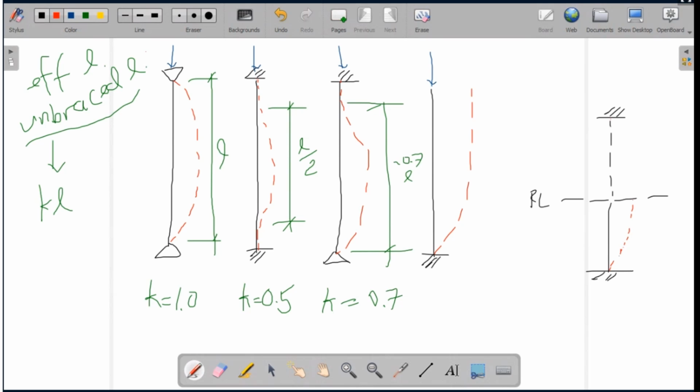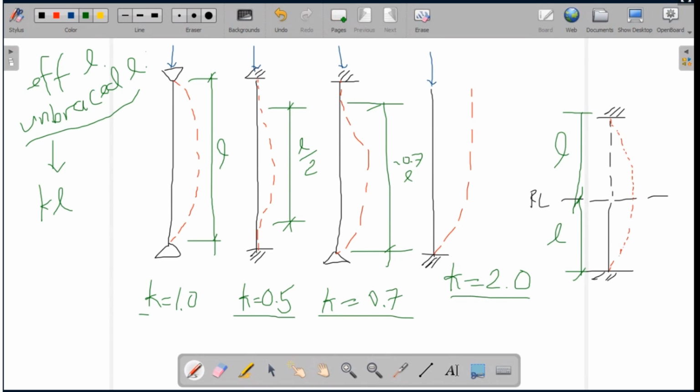If we trace its reflection, it will be like this one. And this one, as we know, is the length of the column. So this one is also the length of the column. So the actual effective length of a fixed-free column is twice the length of the column. That's why in this case, the effective length factor that we use is 2.